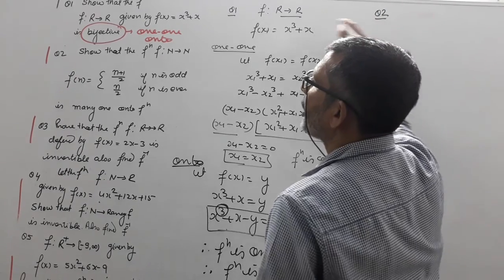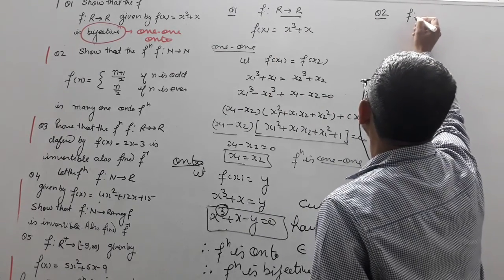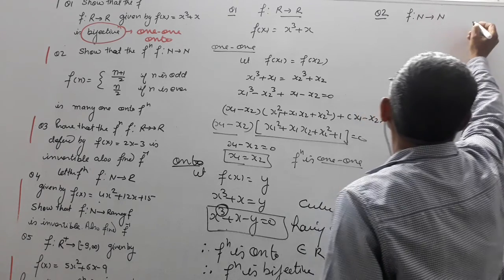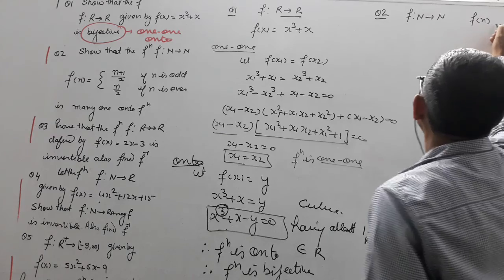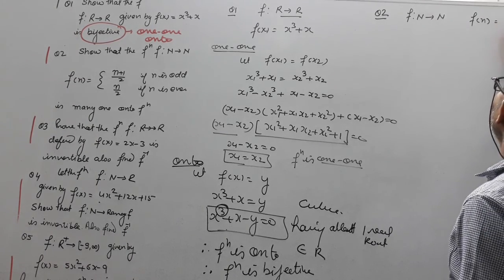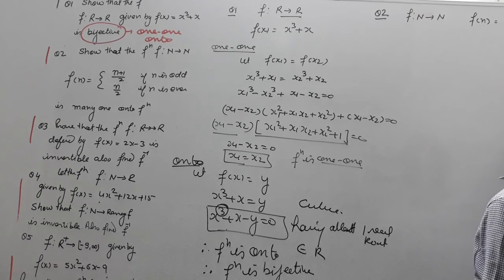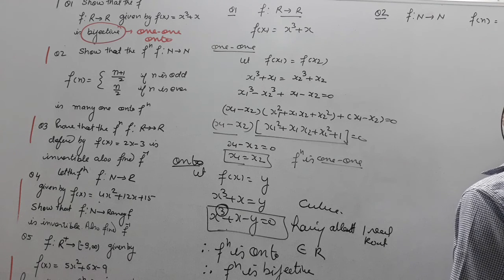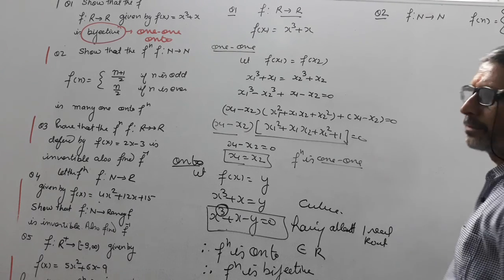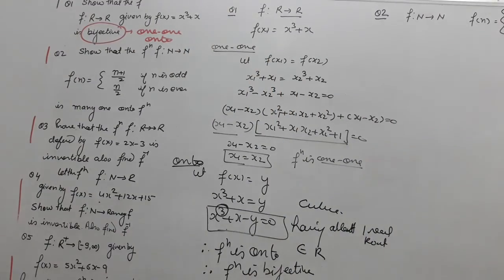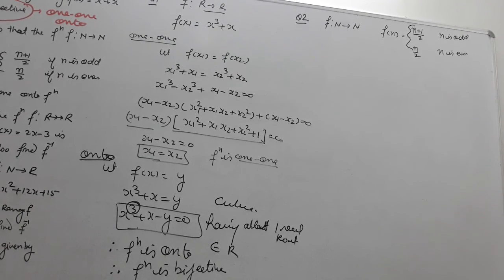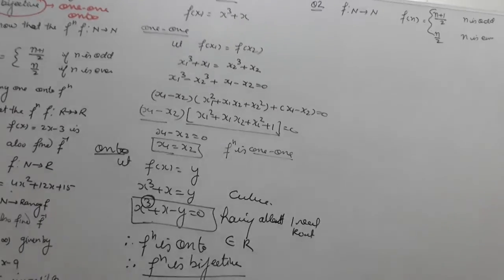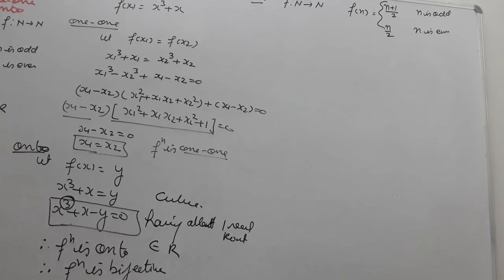Question number 2. Show that a function f from N to N defined by f(n) equals (n plus 1) by 2 when n is odd and n by 2 when n is even is many-one onto.